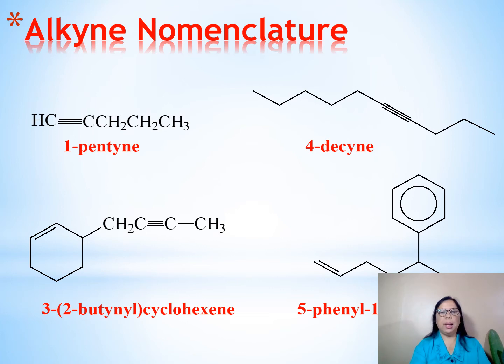So this is an alkene, although you have an alkyl with a triple bond. Okay, this is 6. Benzene has always 6. 1, 2, 3, 4, 5, 6. You have here the ring. So the double bond could be here, here, and here.